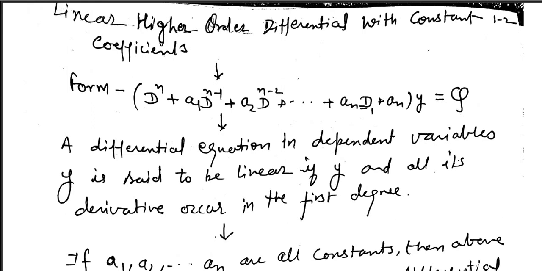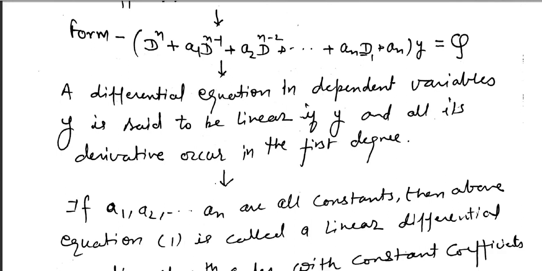Here the standard form of linear order differential equation with constant coefficient is D to the power n plus a1 D to the power n minus 1 plus a2 D to the power n minus 2 and so on, plus an y is equal to Q. A differential equation in dependent variable y is said to be linear if y and all its derivatives occur in the first degree.